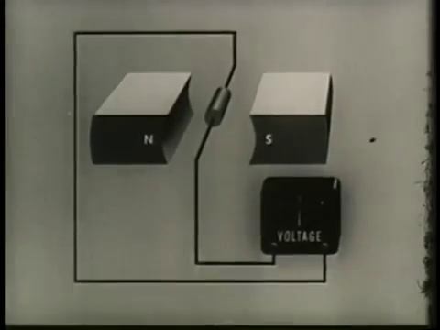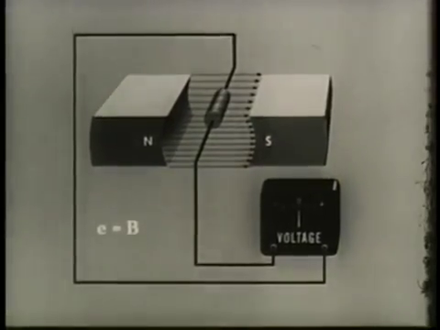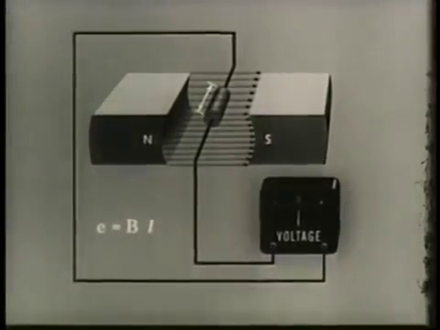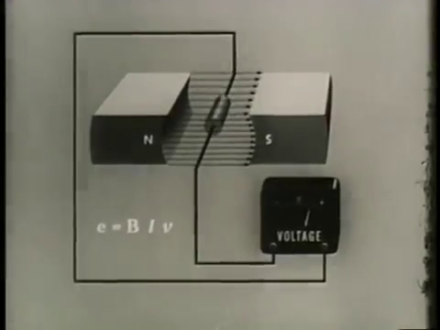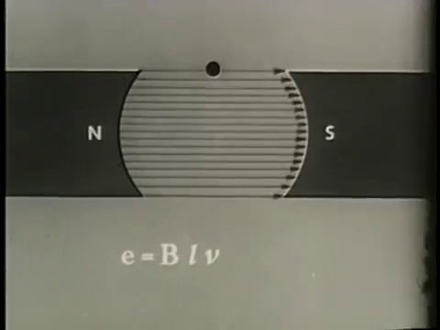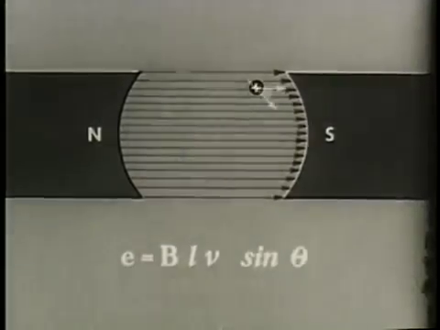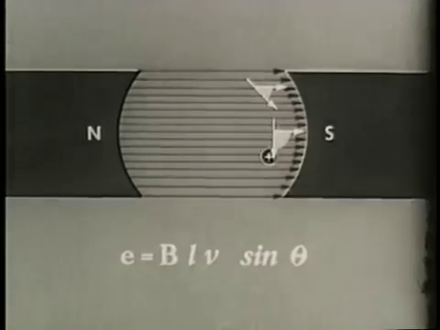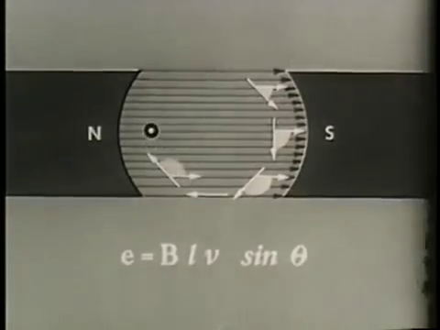The generator output E, or instantaneous EMF, equals B, strength of field, times L, length of the conductor, times V, velocity of the conductor. But because the movement of the conductor in the field is actually circular, we must also multiply with a sine of the angle formed by the lines of force and motion of the conductor in order to arrive at the EMF.